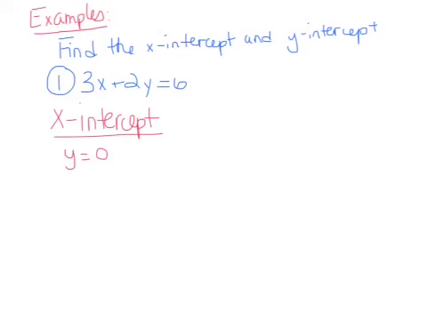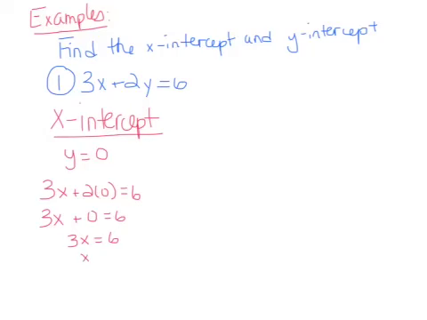So in our equation, 3x plus 2y equals 6, we are going to substitute in 0 for y. When we simplify that out, you end up getting 3x plus 0 equals 6. Anything plus 0 is just itself, so we get 3x equals 6.